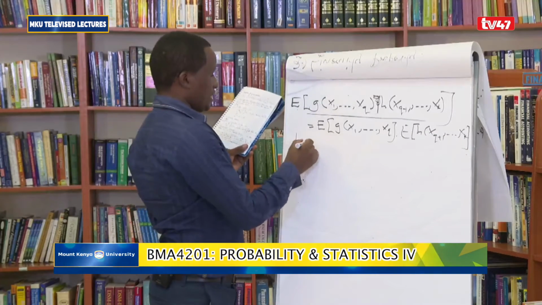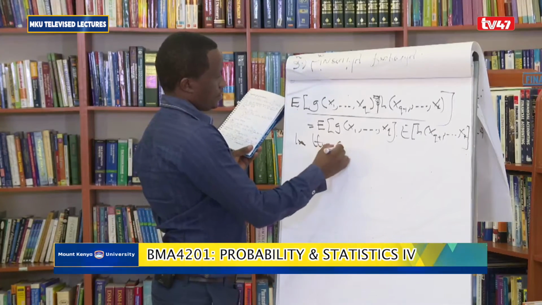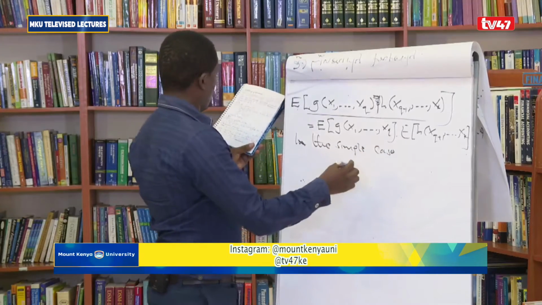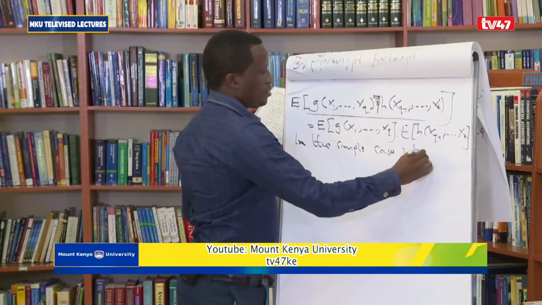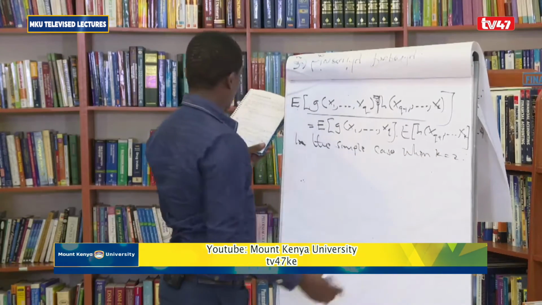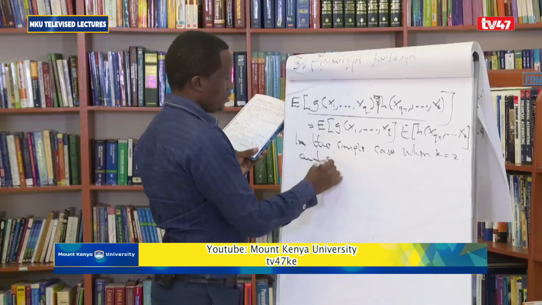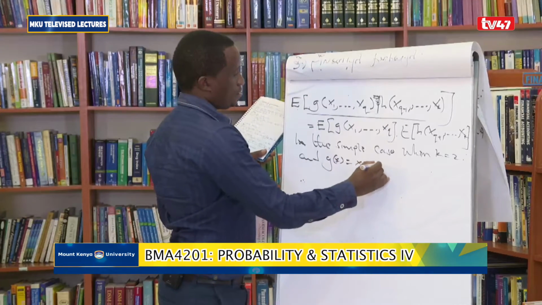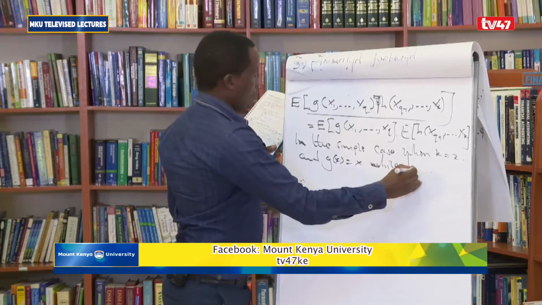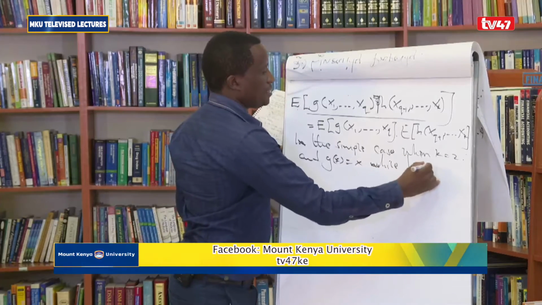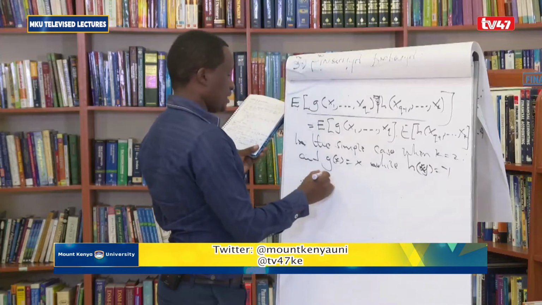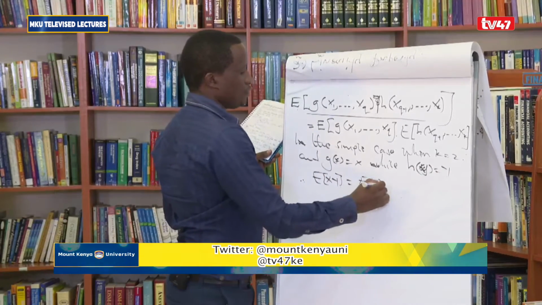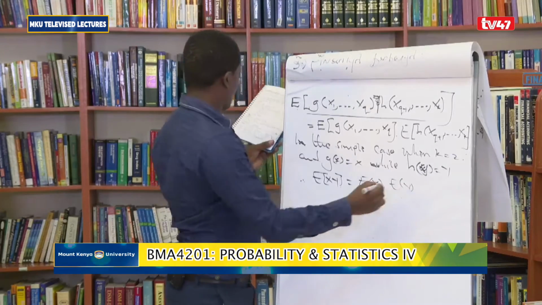In the simple case, when k is equal to 2 and g of x is equal to x, while h of y is equal to y, then expected of xy is simply the product of the individual expectations.